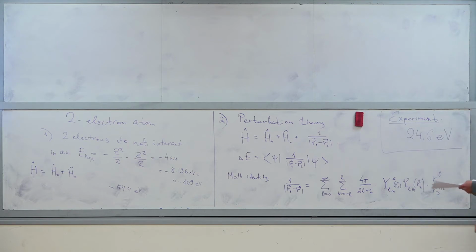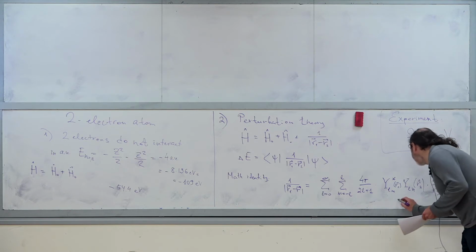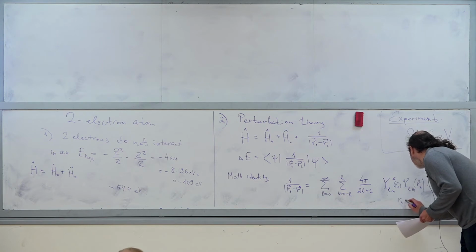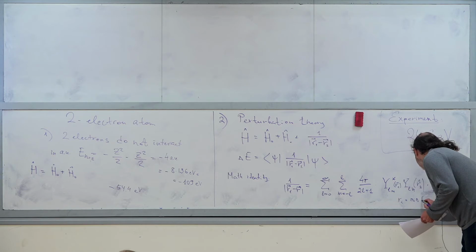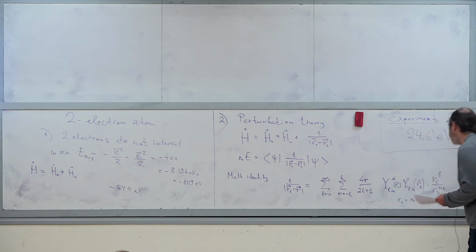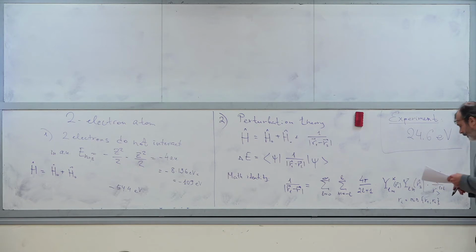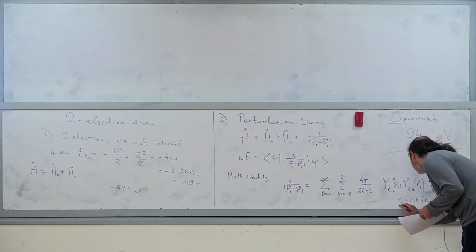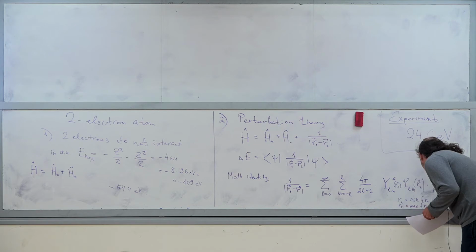R small is equal to the minimum between R1 and R2, so it's either R1 or R2, depending on who is the largest. And R large, of course, is equal to the maximum of R1 or R2.